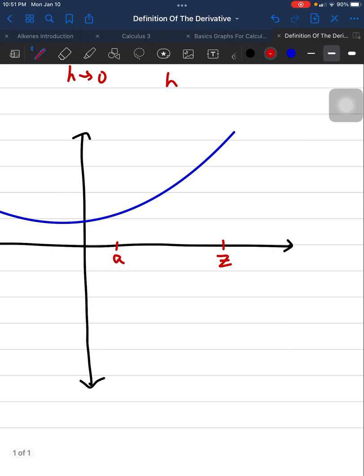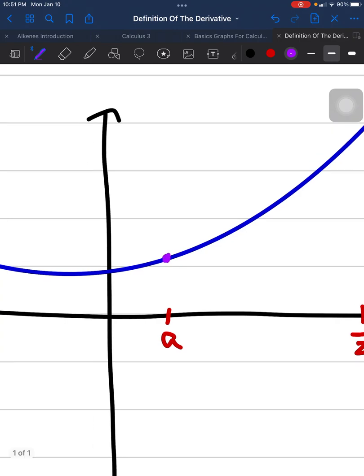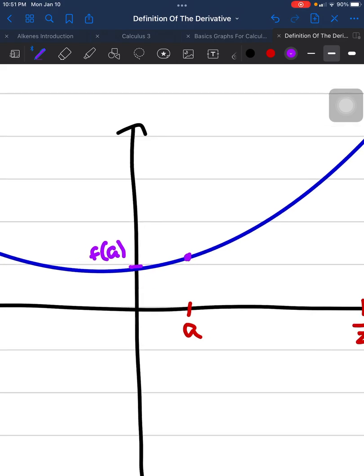So I'm going to pick 2 points. We already have point A, we have point Z. Now I'm going to pick output values right here, y values. So this right here I'm going to label as simply f of A, right? This is similar to basic algebra we learned in algebra 1, algebra 2.